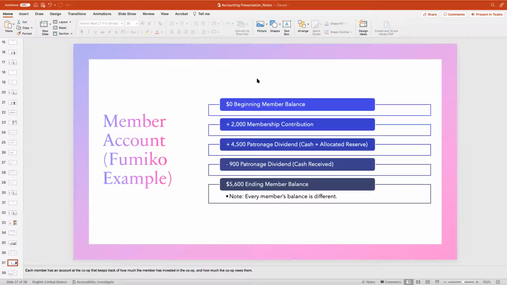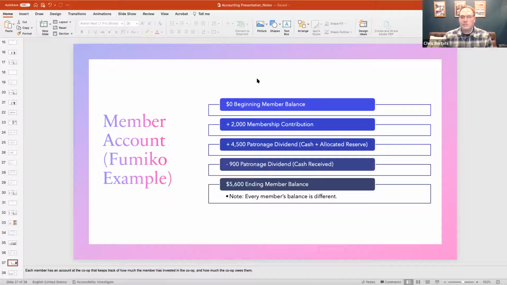That's the cash plus allocated reserves. Okay, so that might be because I'm sort of netting it. I could have put another line in to make it a little bit clearer.